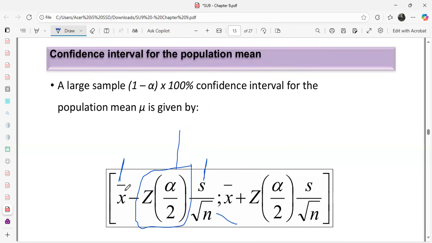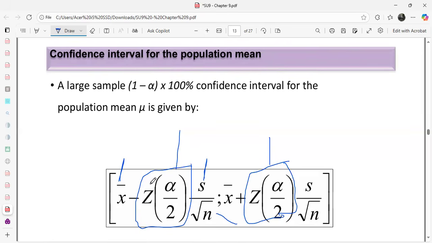You substitute X bar, minus 1.96 multiplied by the standard deviation over the square root of n. On this side, you substitute the sample mean plus the same part, 1.96 multiplied by the standard deviation over the square root of n.